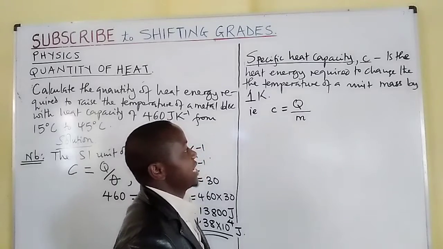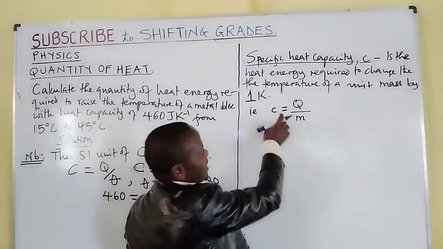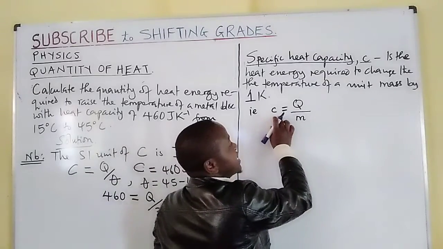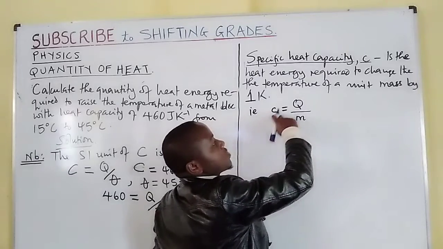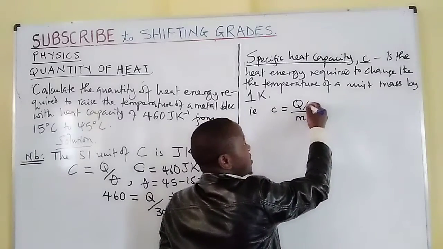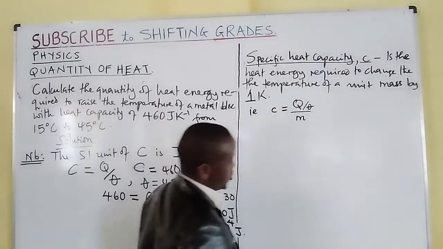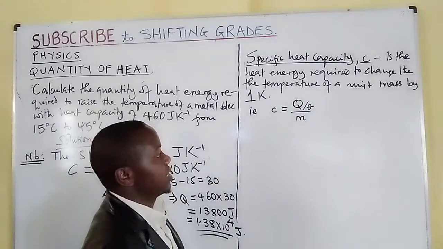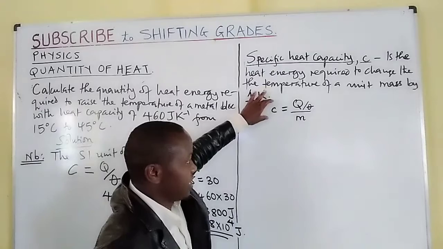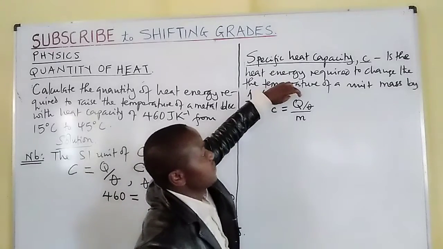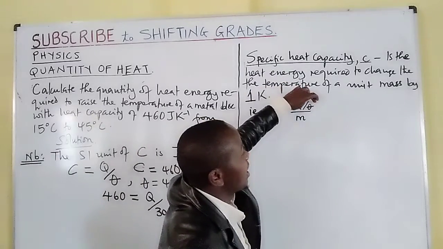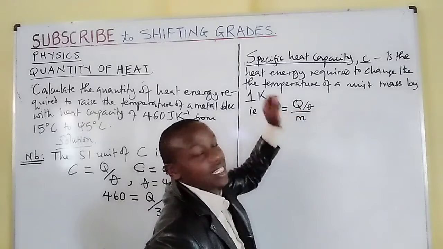And therefore we can say heat capacity is the quantity of heat divided by change in temperature, because Q over delta T is heat capacity.